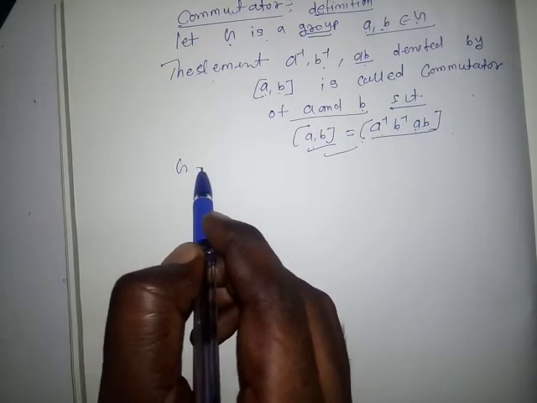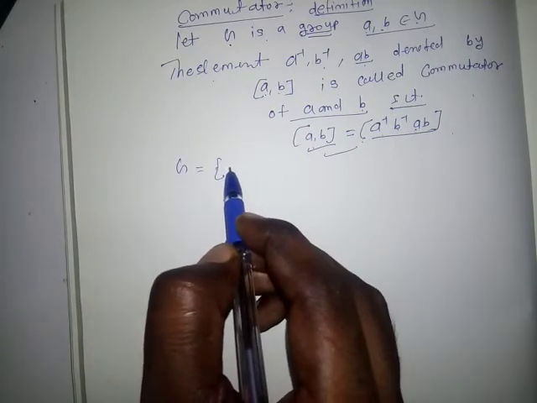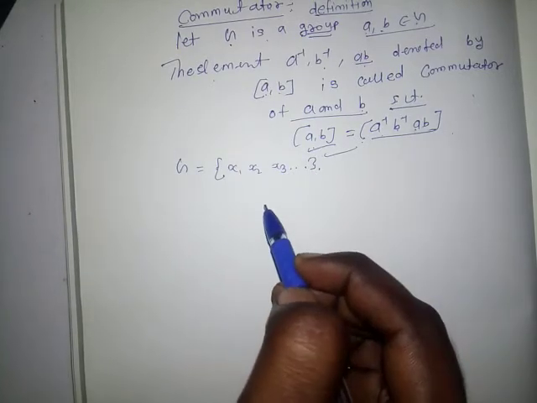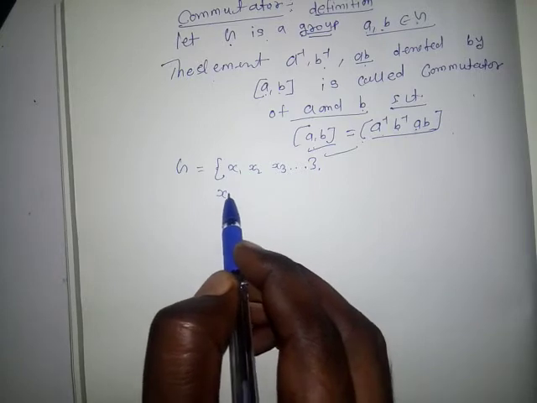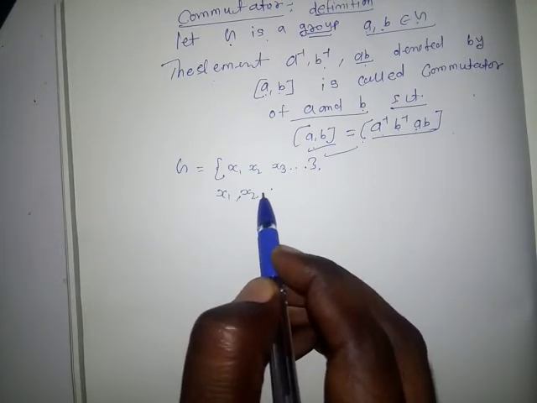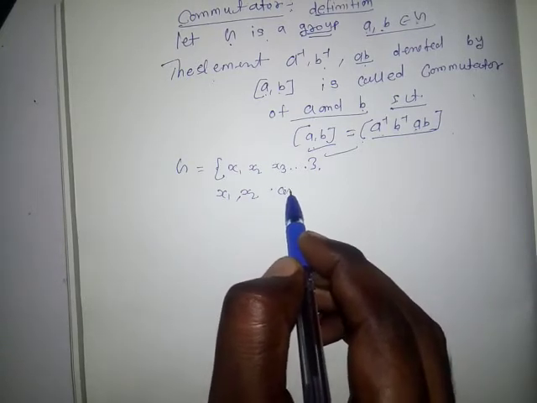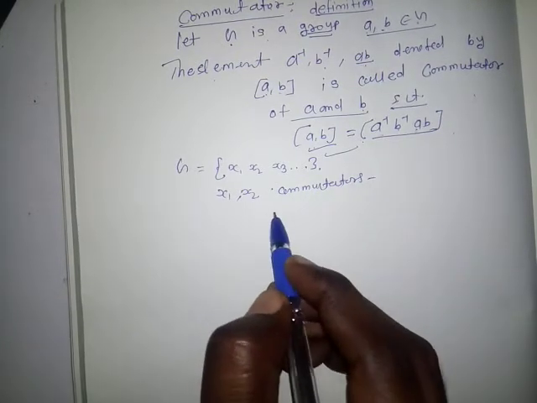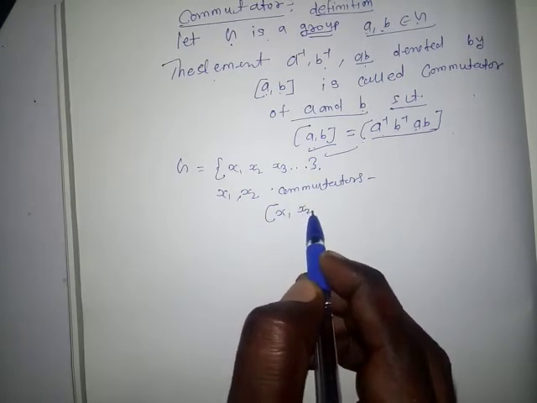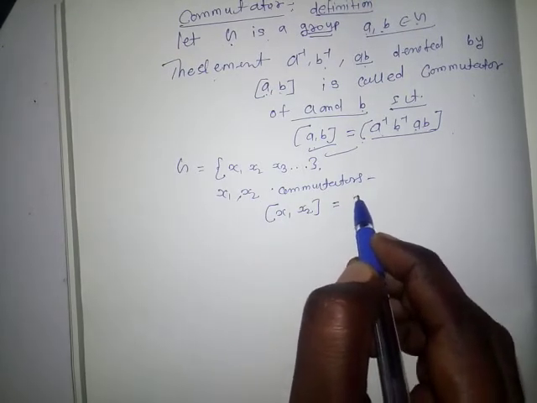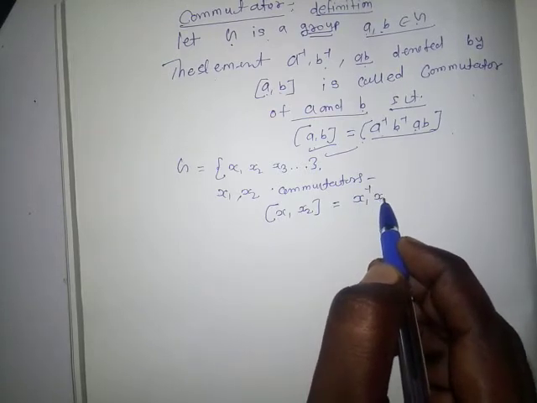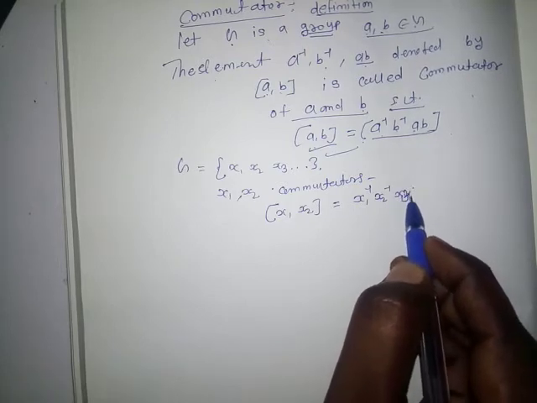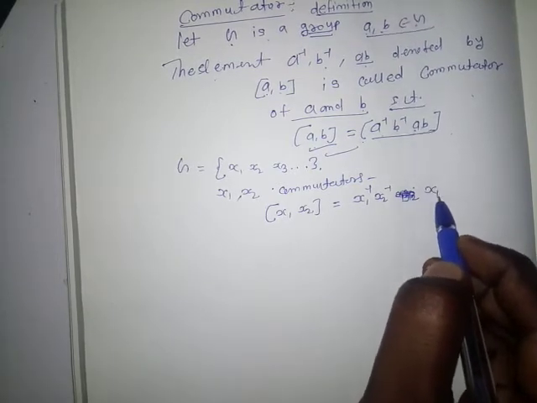Okay, let G be a set of x1, x2, x3, students. Then the commutator of x1 and x2 is [x1, x2] equals x1 inverse x2 inverse x1 x2.